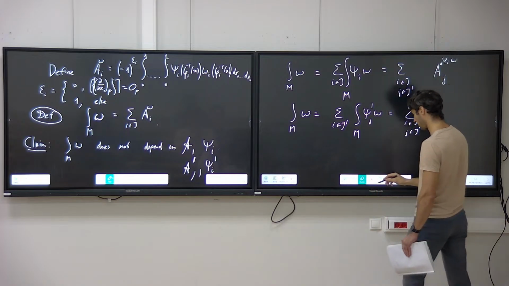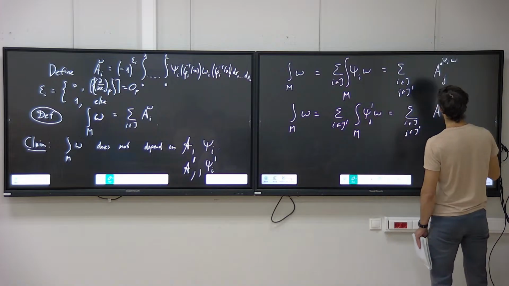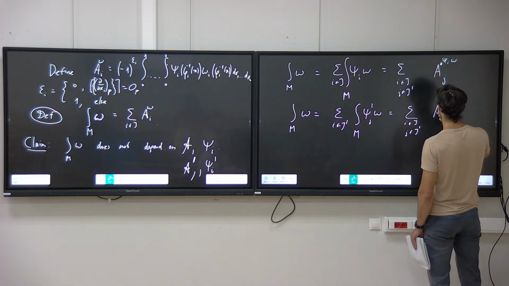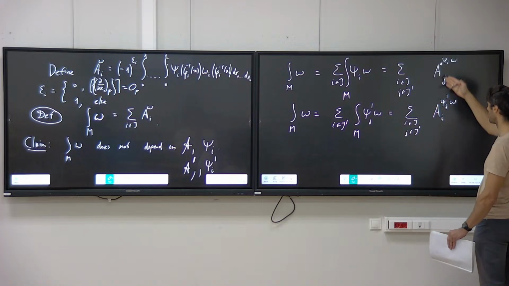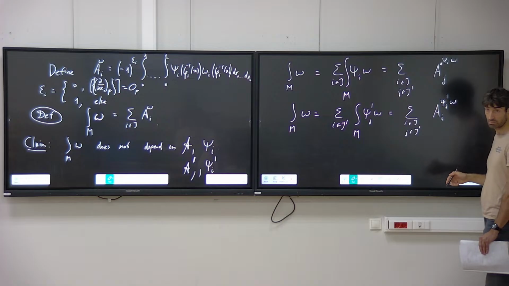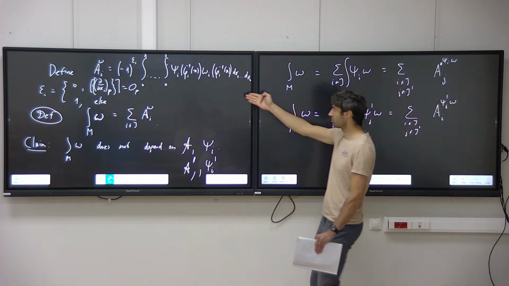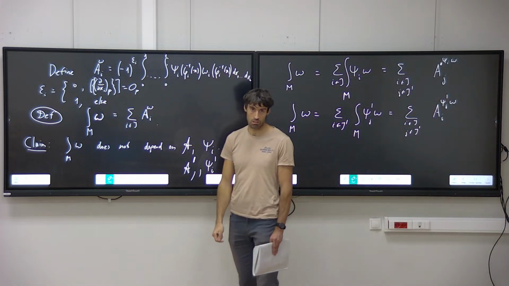And here I have A without prime, but I need prime in here, psi J prime omega I. So I need to compare these two things, which are just integrals, multidimensional calculus.